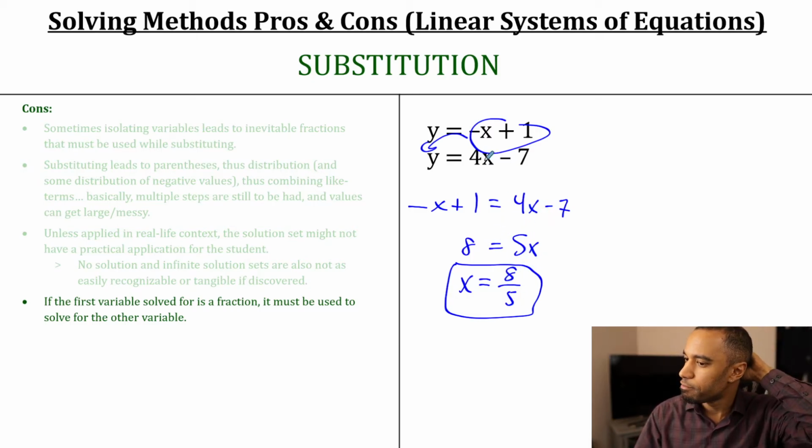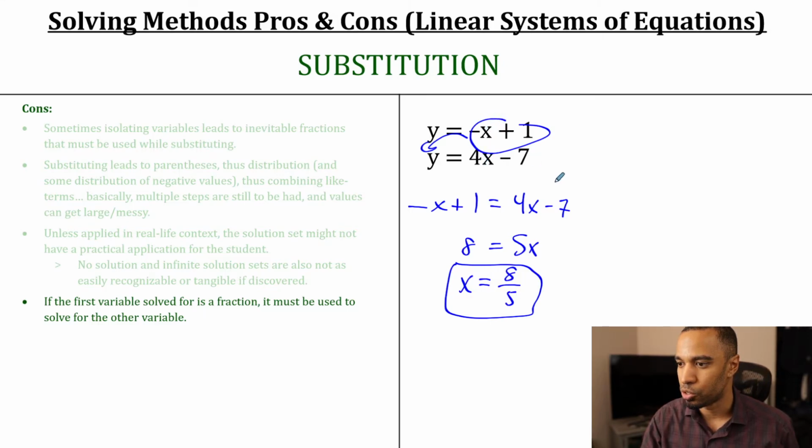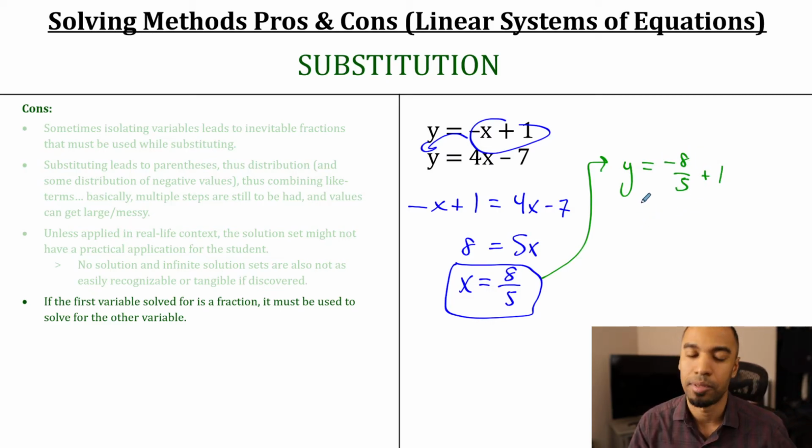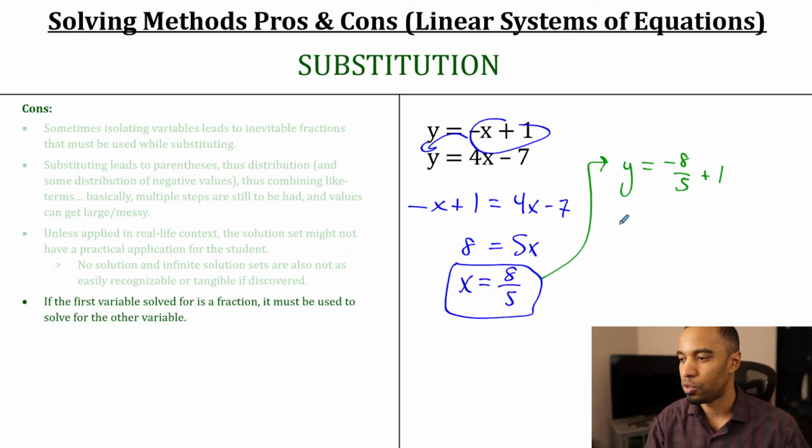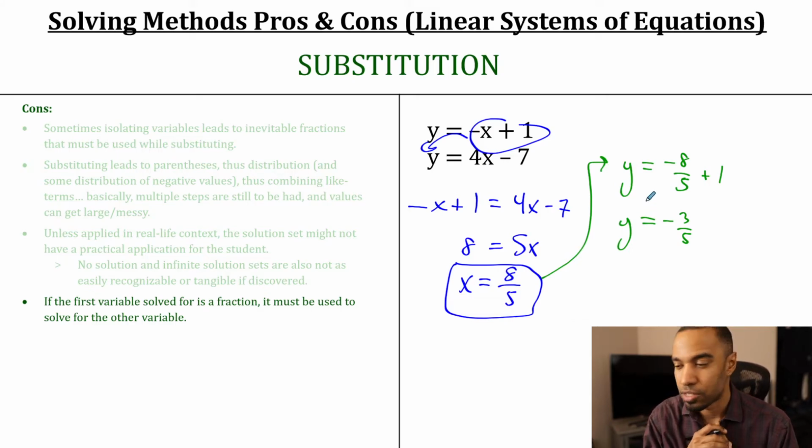So I can substitute 8 fifths either into this one, I'd prefer not to, or this one up here, and I'm going to have y equals negative 8 fifths plus 1, which means now I have to get a common denominator and do all that. I think we get negative 3 fifths when all is said and done, but you have to work that common denominator out. The fraction is essentially an inevitable go-to unless you go to isolate another variable.